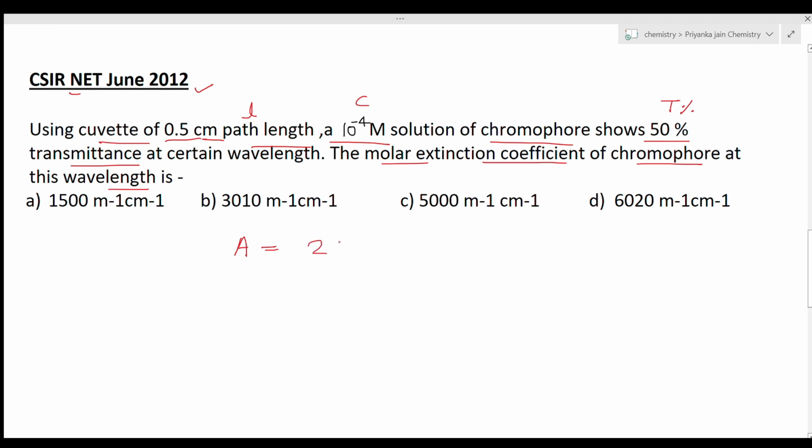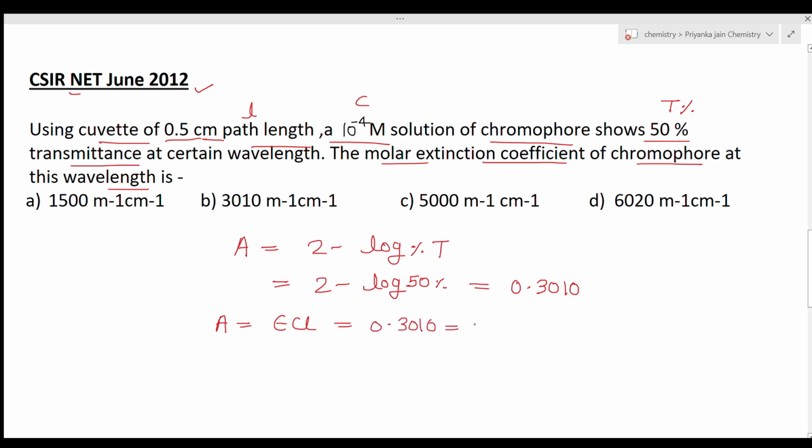A is equal to 2 minus logarithm of percentage transmittance. So put here the value: 2 minus log of 50%. So this will be equal to 0.3010. Okay, now A is equal to epsilon CL, so 0.3010 is equal to epsilon into 10 to power minus 4 into 0.5.